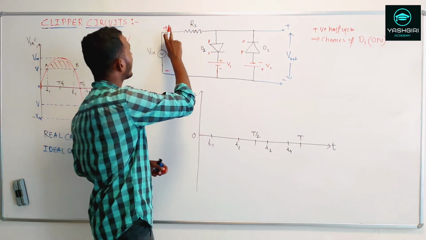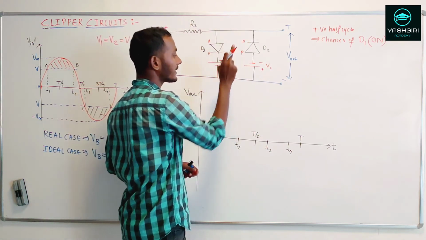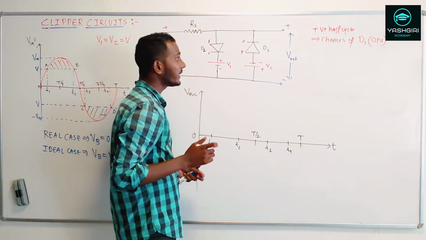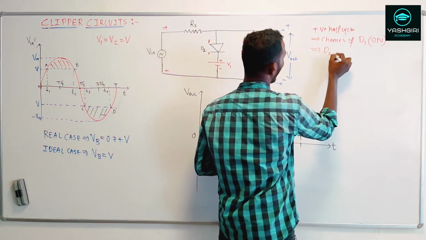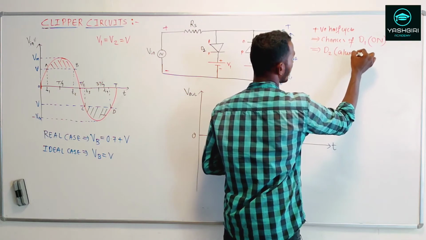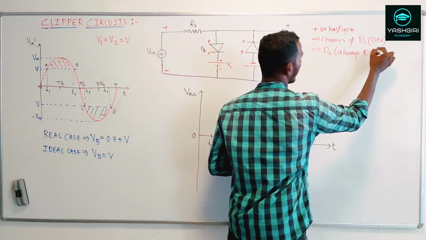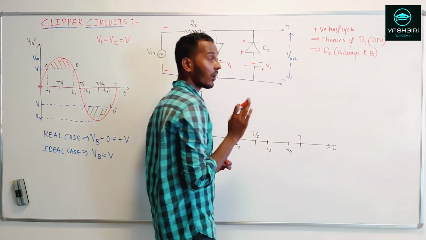Whereas, if you see, plus is also connected to the N side, so diode D2 will always be in a reverse bias, or else I'll say it is in an off state.